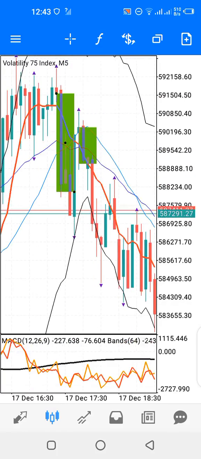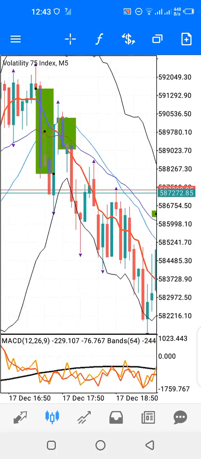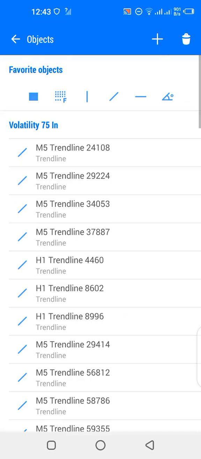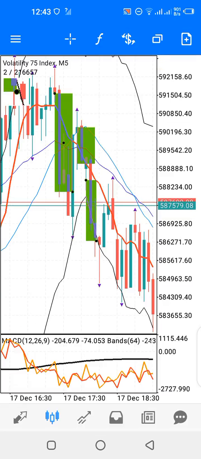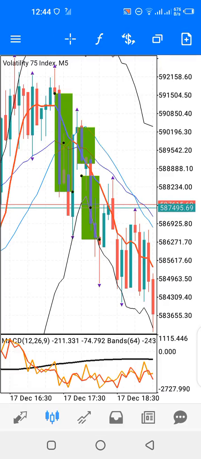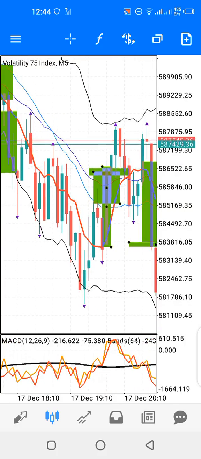Another side to this very strategy is, you allow price to lap across the lower band. As soon as price laps across the lower band, you can take a trend sell.